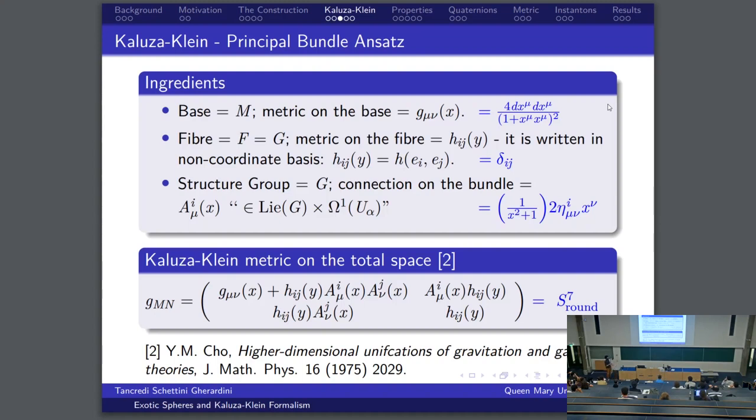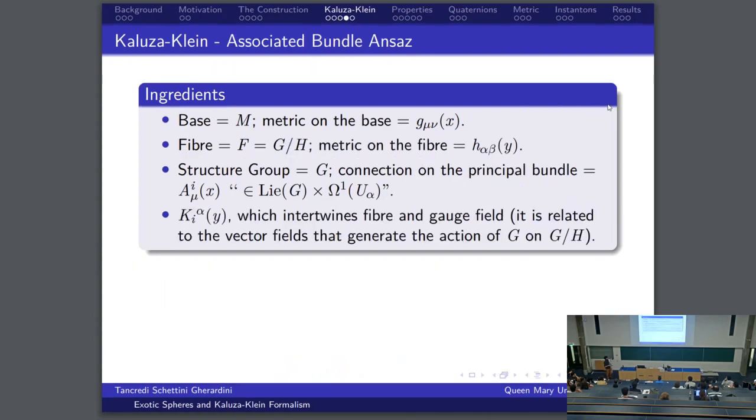And for the case of exotic spheres, there's a subtlety which needs to be considered, because they are associated bundles. They're not principal bundles. So some ingredients stay the same. For example, here the metric on the base is the same. Now notice that for the metric on the fiber, I have changed the indices from ij to alpha beta. And the reason for that is because now the structure group and the fiber have different dimensions, because the fiber is a quotient of the structure group.